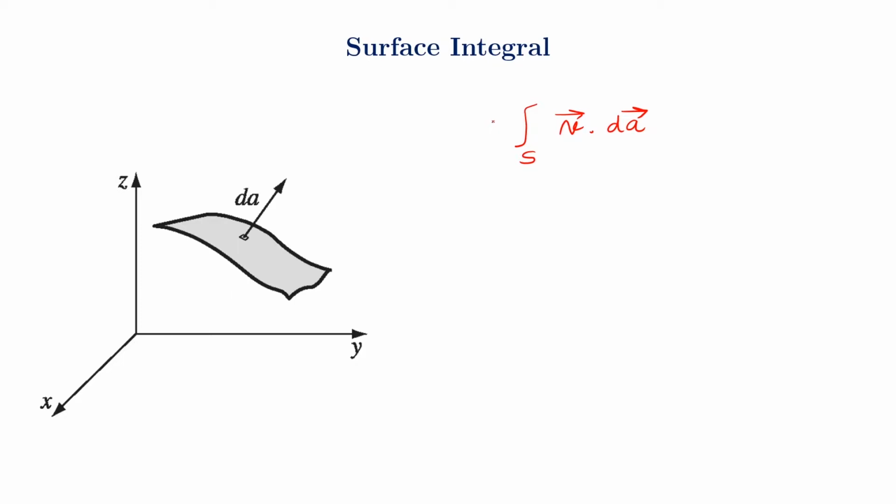The area element dA is often written as dA equal to n hat times dA, where n is a unit vector normal to the area element on the surface. It will always be taken in the positive direction.